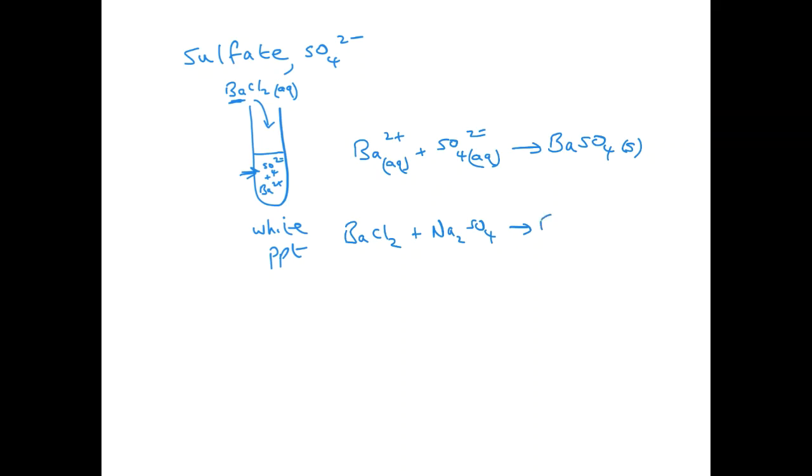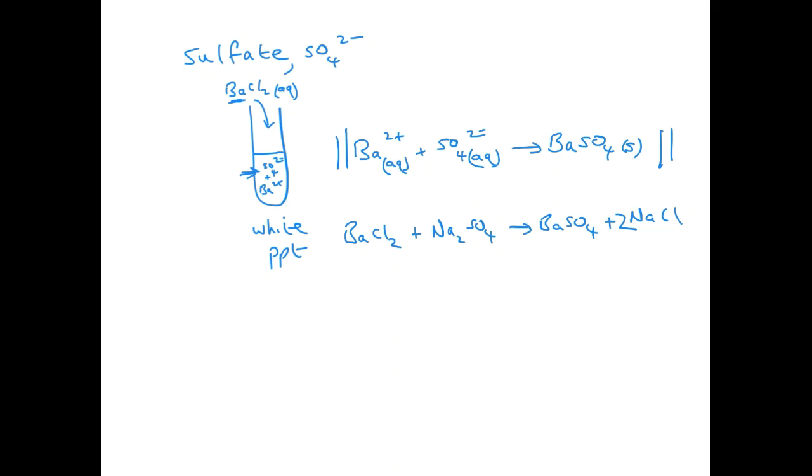So you would get barium sulfate plus sodium chloride. Okay, we need to balance that. But for these types of identification reactions, it's usually the ionic equation that's asked for. Okay, so that's the test for a sulfate. Barium chloride solution, and it forms a white precipitate.